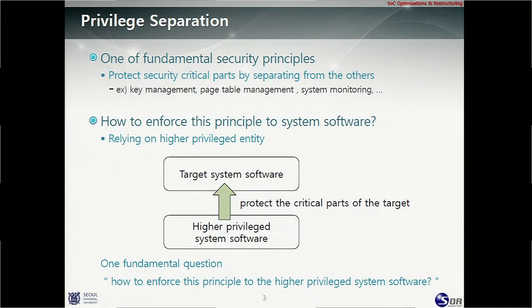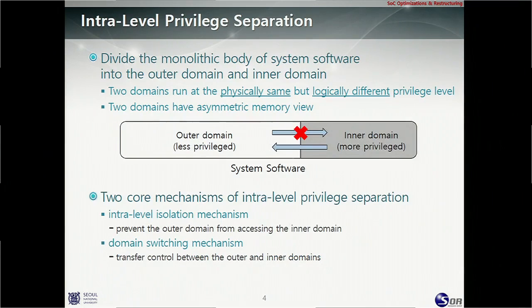But this approach has one fundamental problem: it cannot be applied to the most privileged system software. To solve this problem, recent studies have proposed a more advanced approach we call intra-level privilege separation in this paper.